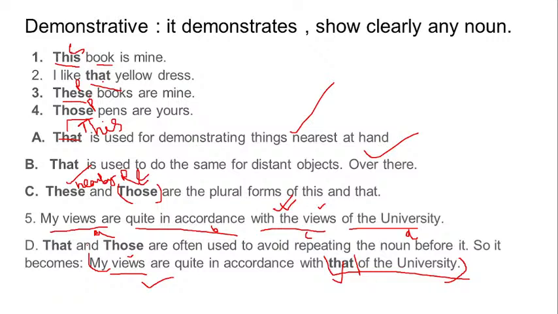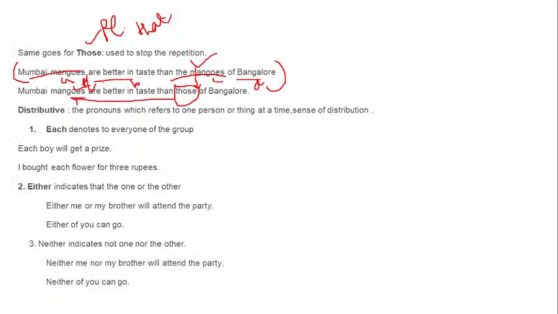Views, news, all of these act as singular words, they are not plural words. But mangoes is a proper plural word, so that is why we have used "those". Mumbai mangoes are better in taste than those of Bangalore, so we are avoiding the repetition of the noun mangoes again and again. To avoid repetition, we are using "those" and "that".